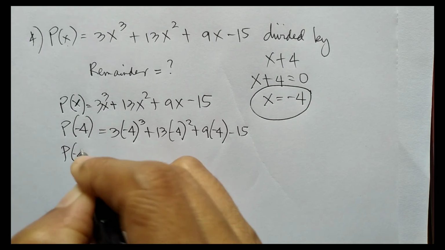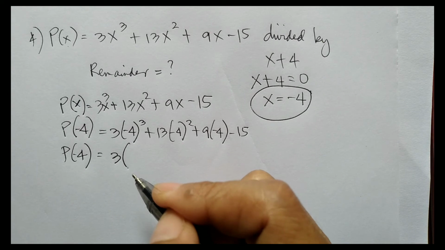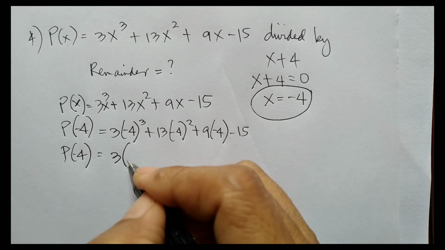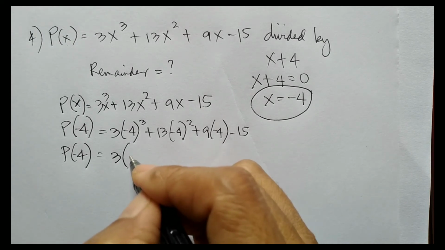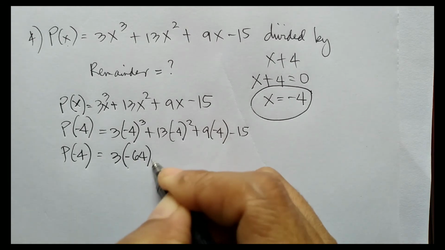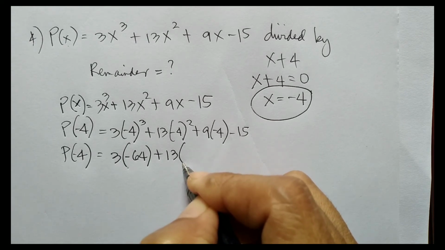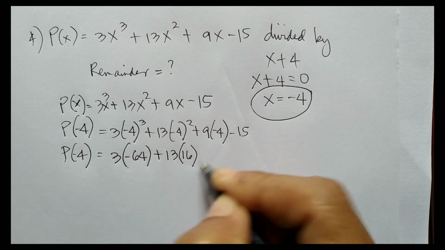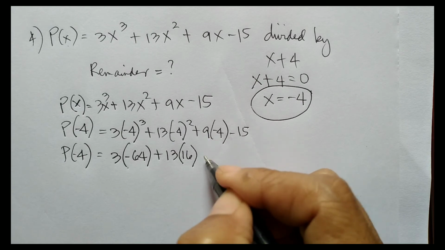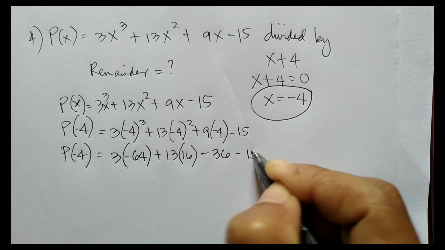So, p of negative 4 is 3 times, what is negative 4 raised to the third power? That is negative 64, plus 13 times 16. Then we have 9 times negative 4. We have negative 36, negative 15.